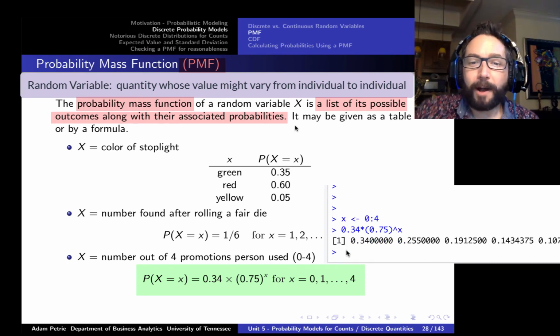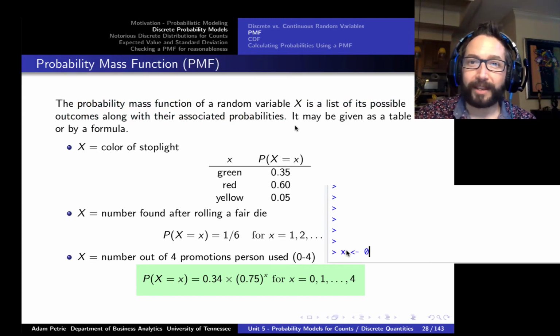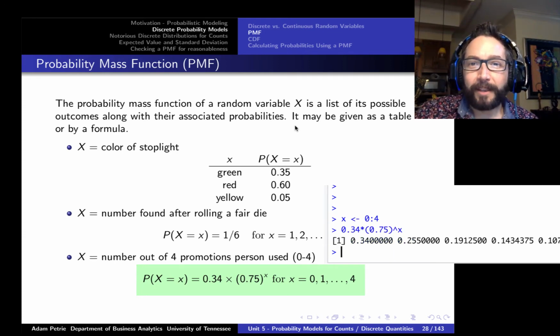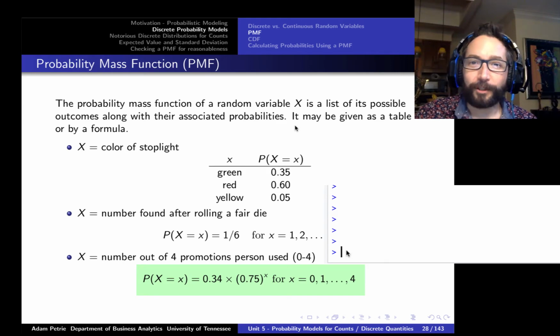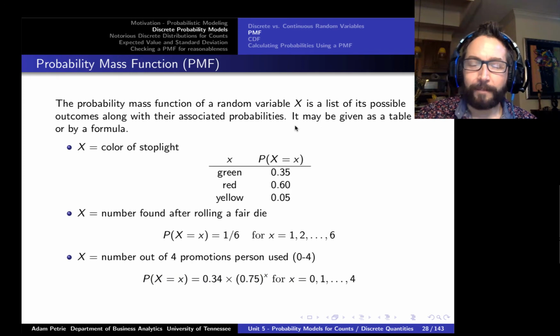So we might model the number out of 4 promotions that someone actually uses when they get emailed a booklet by the equation 0.34 times 0.75 raised to the x. If the possible values we might observe are 0, 1, 2, 3, 4, we could just get the probabilities of each of those by throwing that number into the equation. So a very nice compact way of representing the possible values and their respective probabilities.